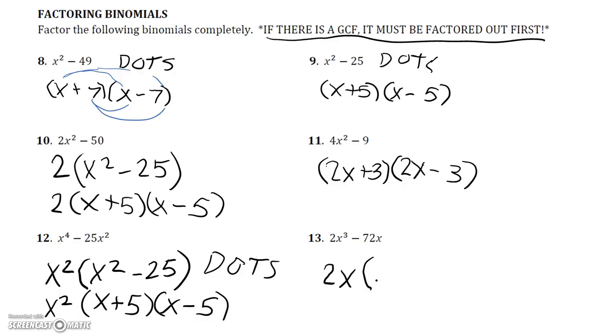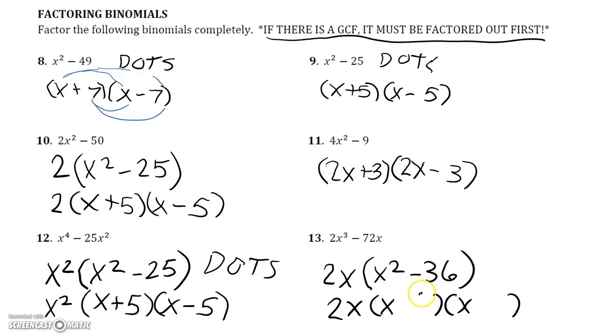So taking out your GCF, or factoring it out, we are left with x squared minus 36. Oh, what do we have here? Difference of two squares. So this needs to be broken down further. And then number 13 would be done.